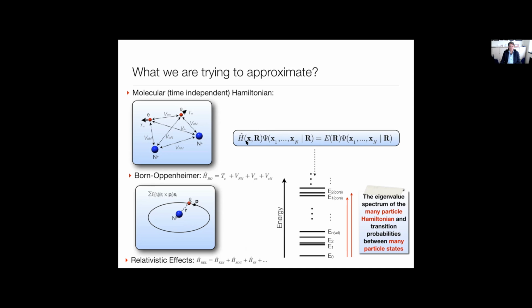Yeah? And of course, you have to supplement that Born-Oppenheimer Hamiltonian for X-ray spectroscopy with terms coming from relativity. The most important one in terms of X-ray spectroscopy is certainly the spin-orbit coupling, which is another 2-electron phenomenon. Most of the time, the spin-orbit coupling operator is approximated as a 1-electron operator, which for the most part works okay. But there are also scalar relativistic effects that are to be considered.